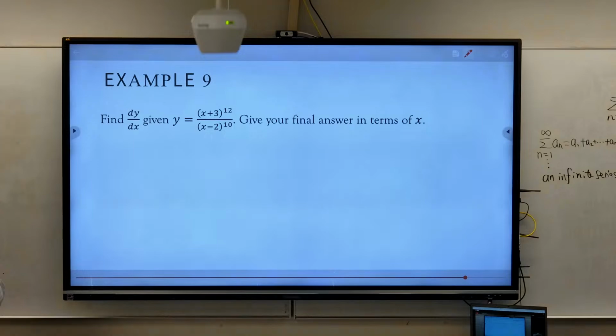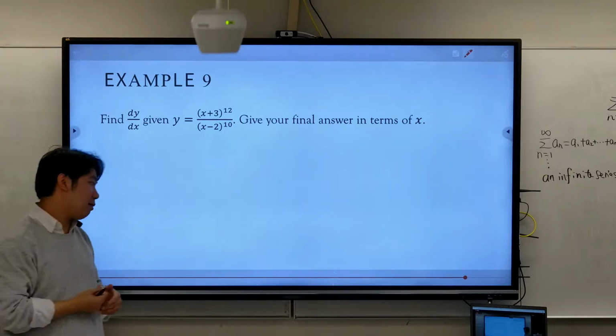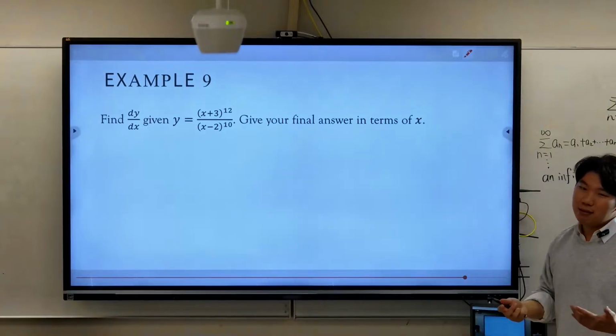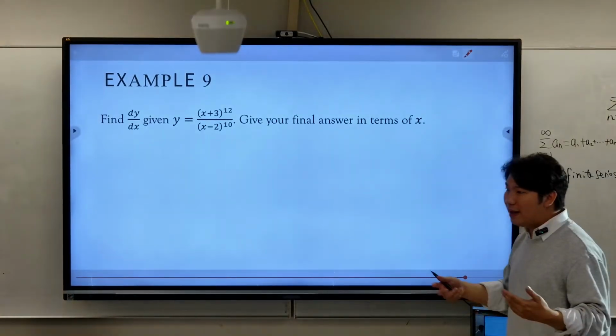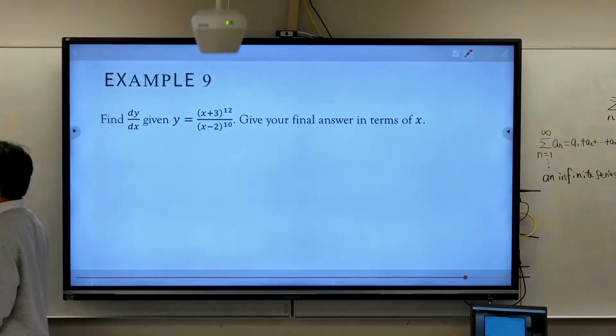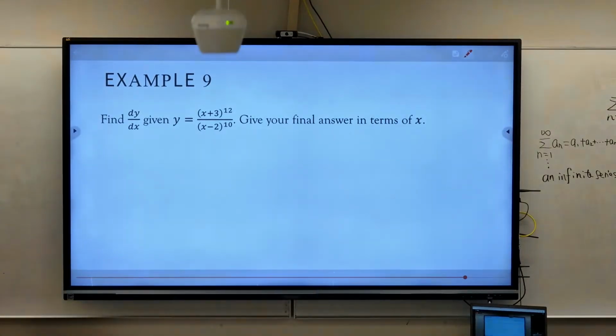We have power rule, we have quotient rule, and then technically we also have some chain rule going on. 2 chain rules, if we want to be exact. So does all of those methods work? Yes, it would still work out, but we know that it can probably be a bit tedious going through all of these chain rules with quotient rule and power rules.